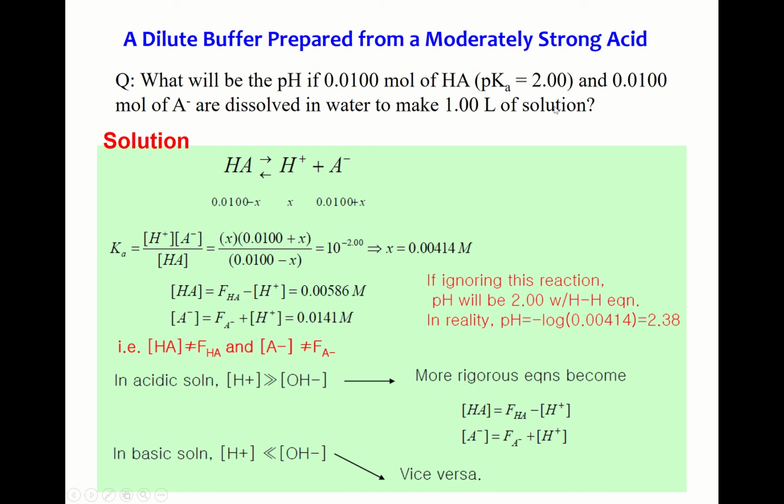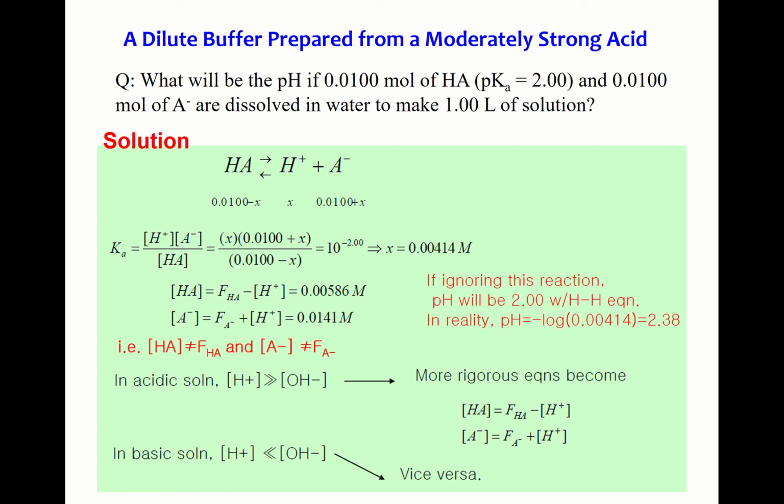Not so weak. For example, let's consider this acid HA, but the pKa is 2.00. In other words, Ka is 10 to the minus 2. That's not very small, that's high enough. In this case, what do we have to do?